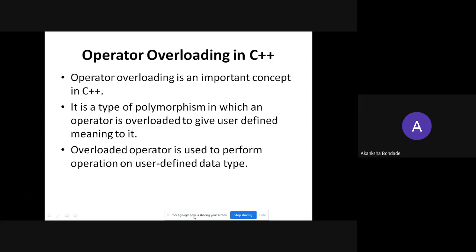But if we perform an operation using objects, the purpose is changed. So what is operator overloading? It means the same operator, which is already defined implicitly by the compiler, can be used for different purposes in our program.